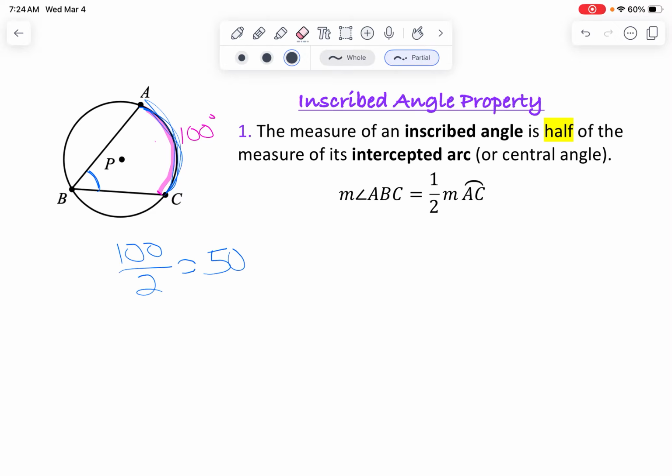So that means that this angle right here is 50 degrees, okay? So the measure of the inscribed angle is always half of the intercepted arc or the central angle, right? Okay, so that's what it says right here, and that's an important property.